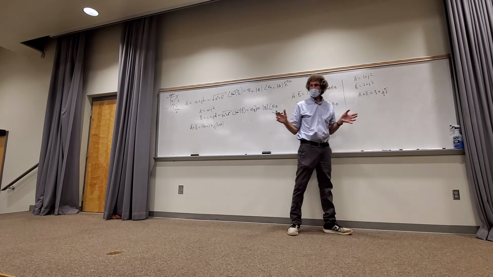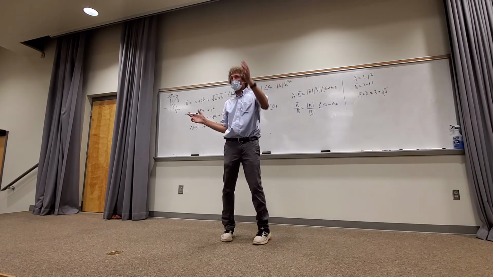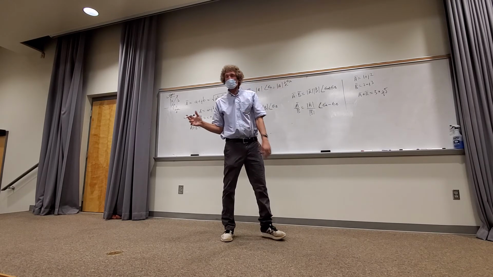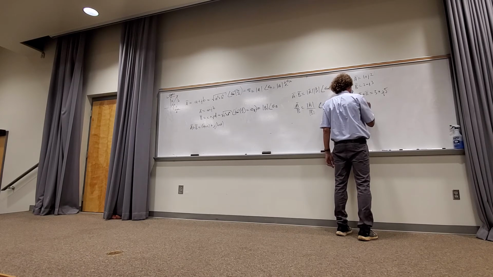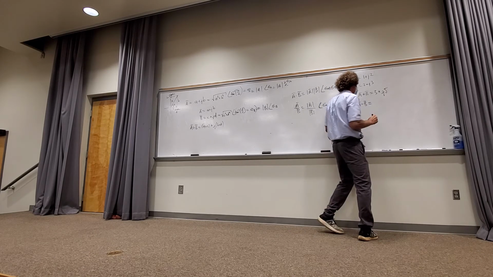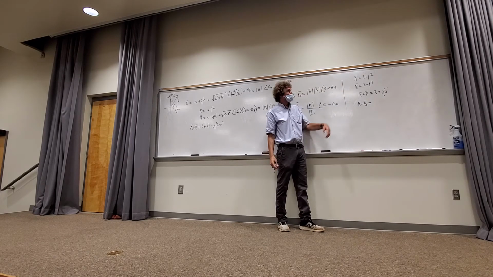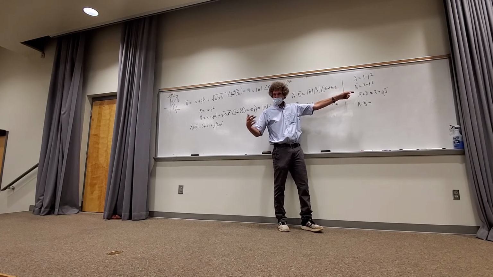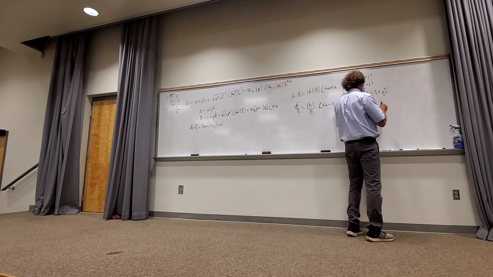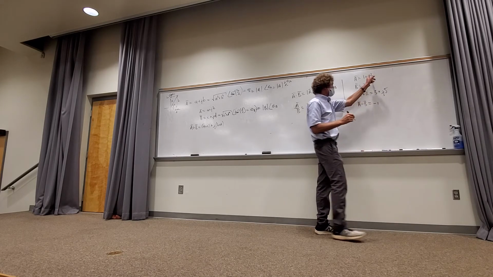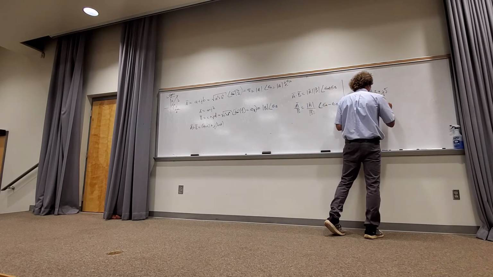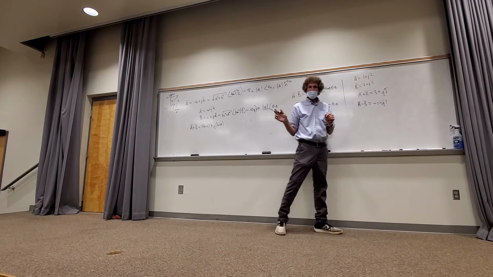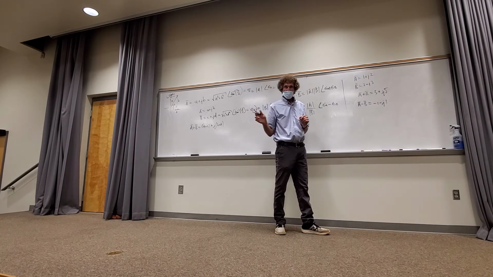Y'all agree with that? Can you see it in the far back? What is A minus B? One minus 2 is minus 1, right? 2 minus 3 is minus J1. Y'all agree with that? All right.